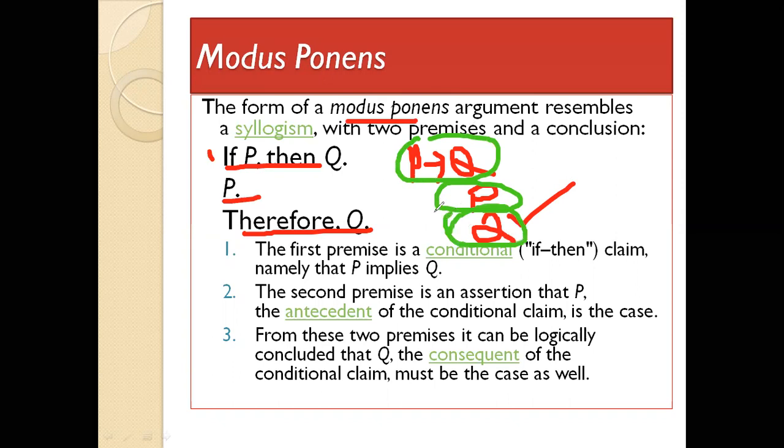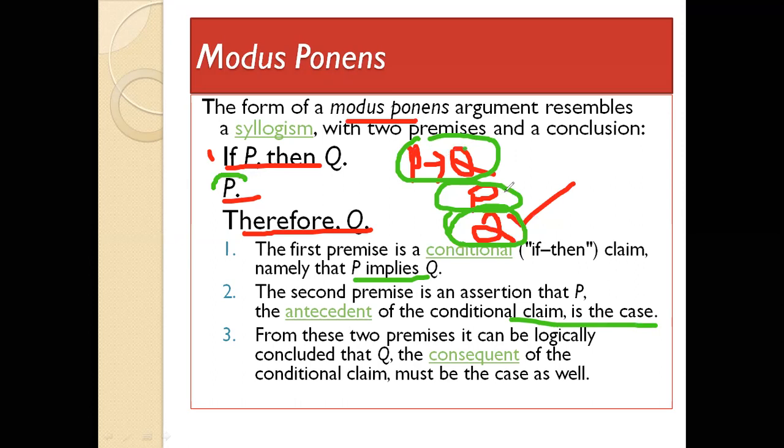Now in the question, you will find the rule framed in a different form, but ultimately the idea is the same. Here the first premise is a conditional if-then claim, namely that P implies Q, which I have explained. The second premise is an assertion that P, the antecedent of the conditional claim, is the case. So this P is happening; obviously this is the antecedent and this is the consequent.